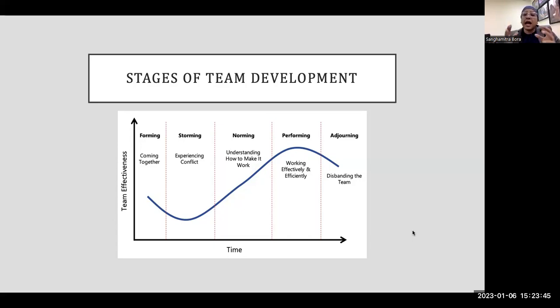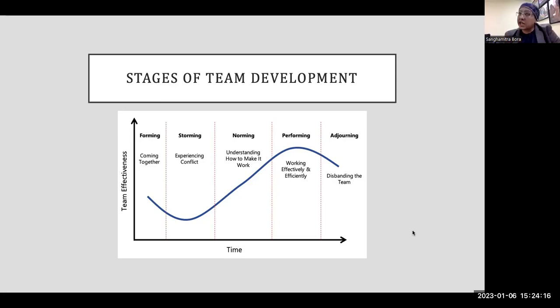You know that the common goal is to take care of the patient, and you start complementing each other, performing, working effectively and efficiently. I don't want to go to the last stage, because disbanding the team is a managerial term. But having said this, performing, norming, storming, forming, these are the 4 important stages of team development.